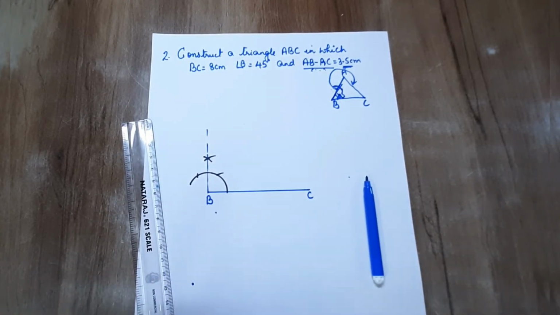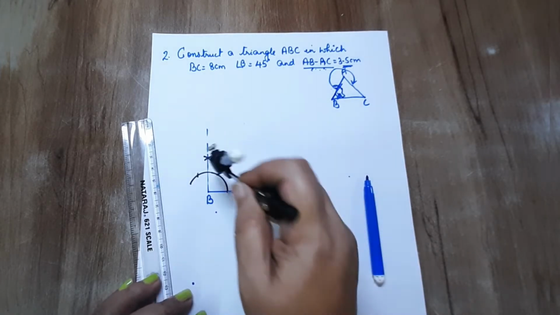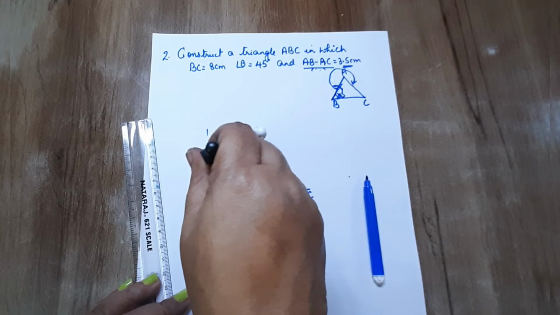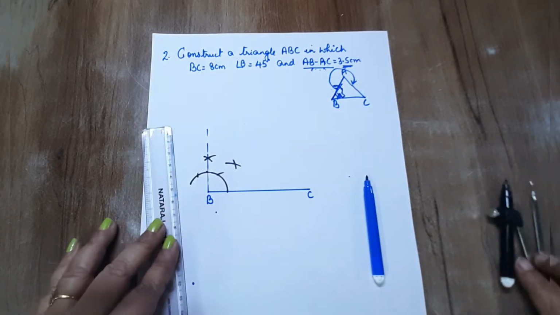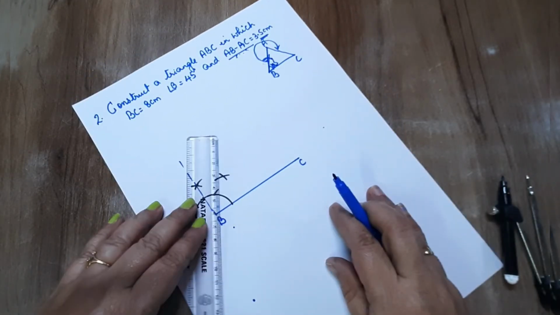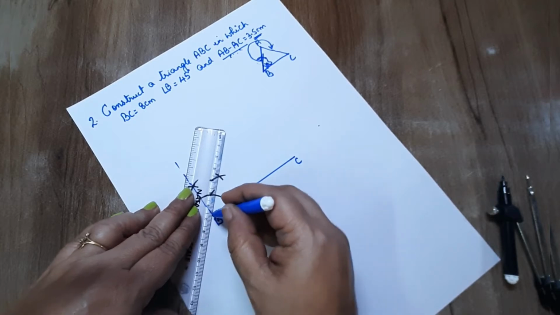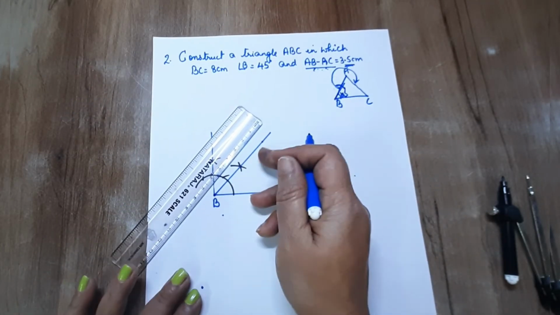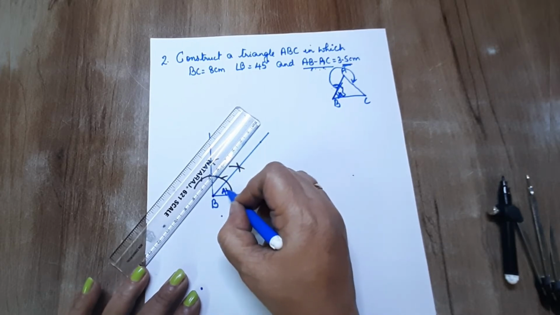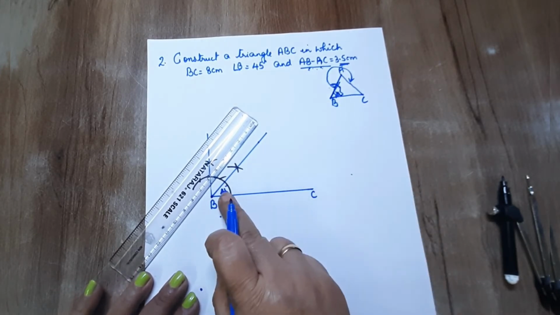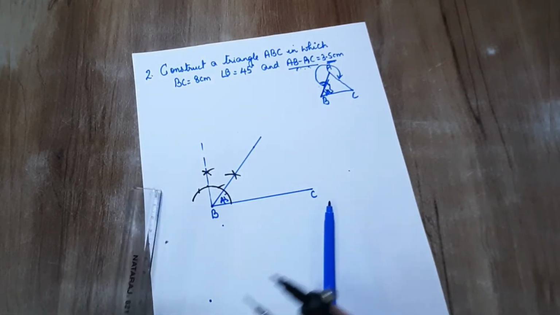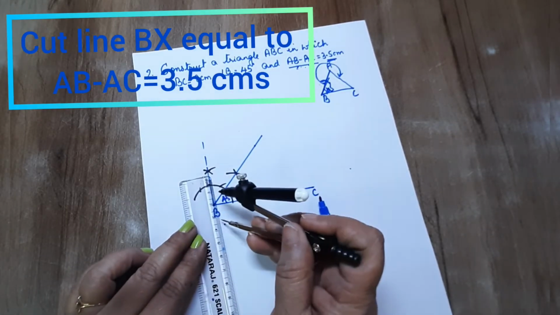Then angular bisector of it here, half of 90 degree. This is our main angle, so I'll draw here a thick line. And we don't know how much to extend, so let it be 45. So as I told, 45, 45. AB is required. So now we will measure 3.5 here in the scale.